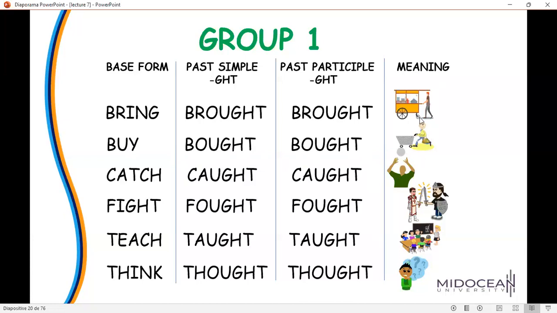Catch, caught, caught. Fight, simple past fought, past participle fought. Teach, simple past taught, past participle taught. Think, simple past thought, and past participle thought.